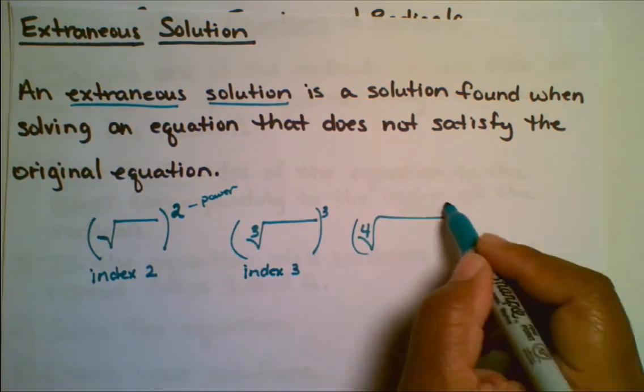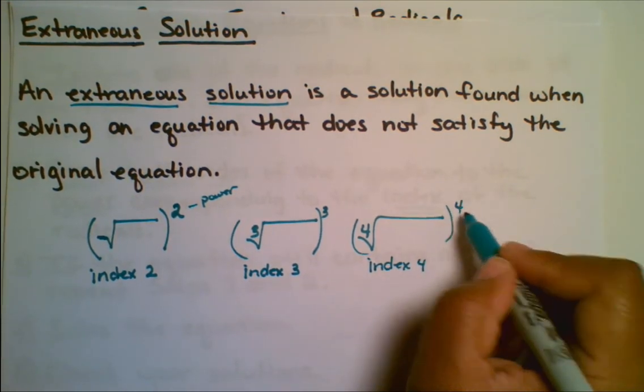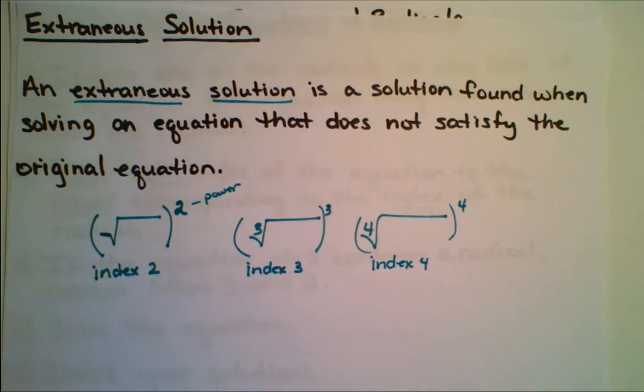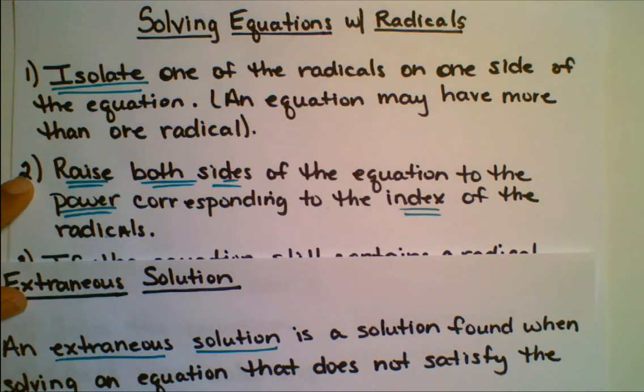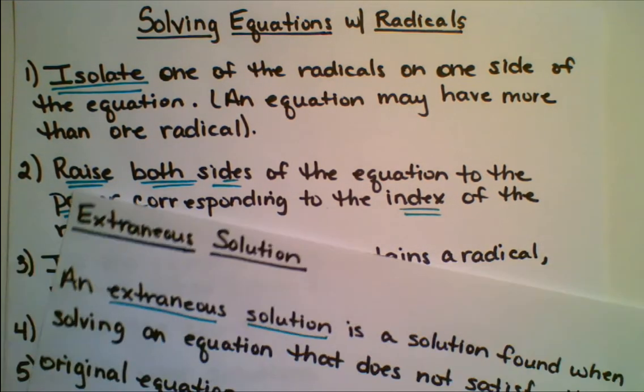What negates the index of 4? The power of 4. So I want you to understand what's going to take place, because in order for us to solve an equation that contains a radical, we're going to have to use step 2, where we raise both sides of the equation to the power corresponding to the index of the radical.